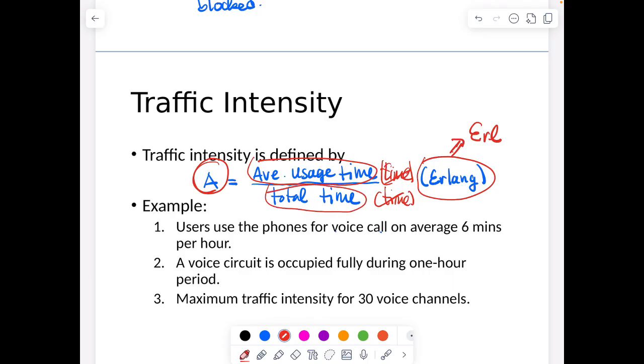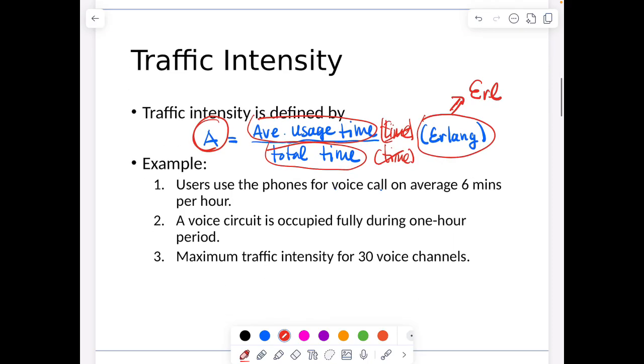Let's look at an example. A user uses the phone for voice calls on average 6 minutes per hour. How much is the traffic intensity in this case? What is A? The average usage time is 6 minutes per hour, so we consider a total time of 1 hour, which is 60 minutes.